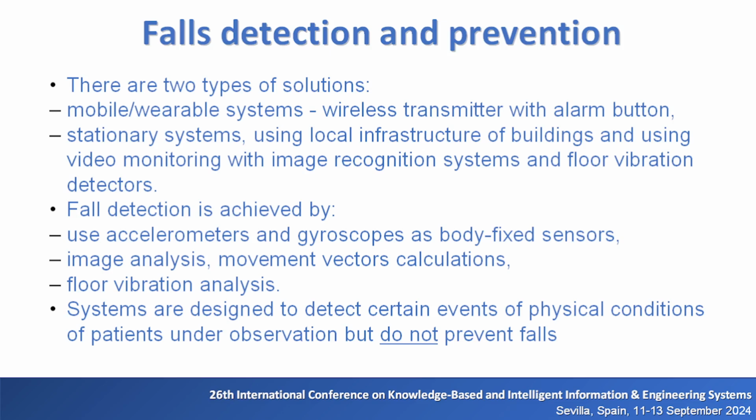In the systems, fall detection is achieved by use of accelerometers and gyroscopes as body fixed sensors, or image analysis and floor vibration systems. The systems are designed to detect certain events of physical conditions of patients under observation, but do not prevent falls.